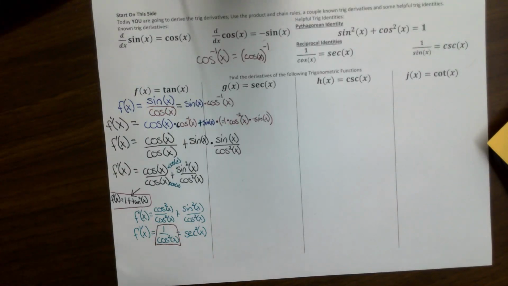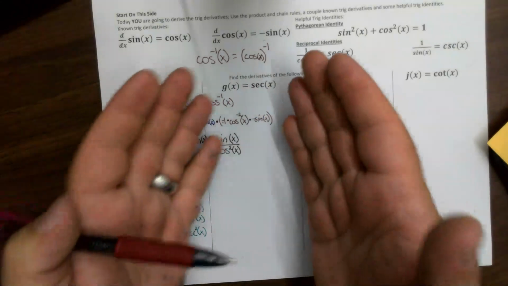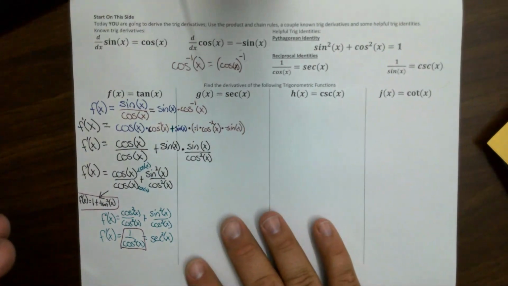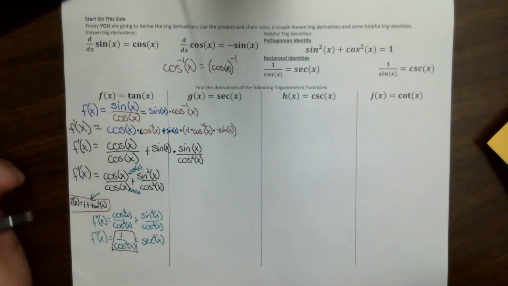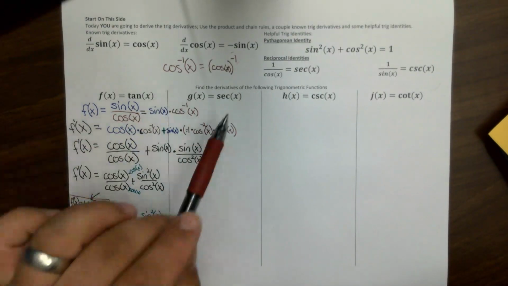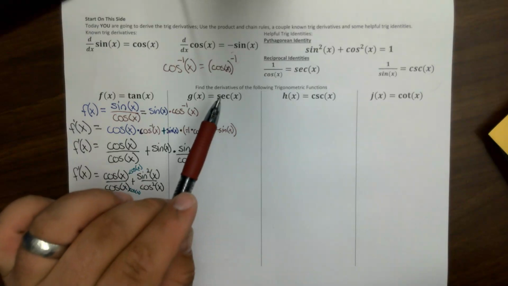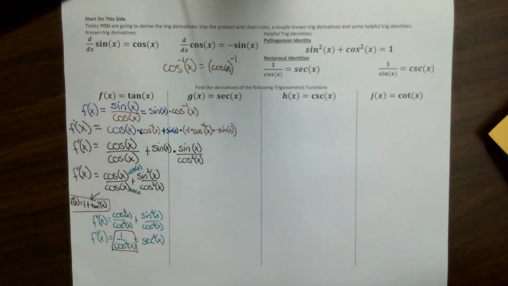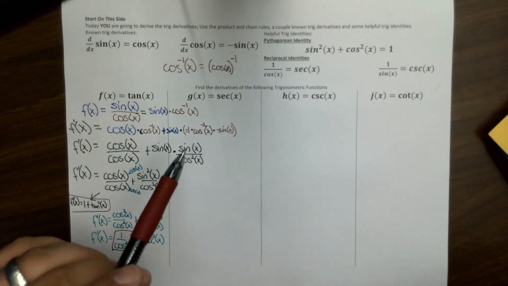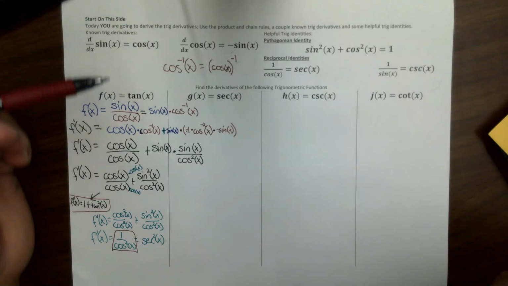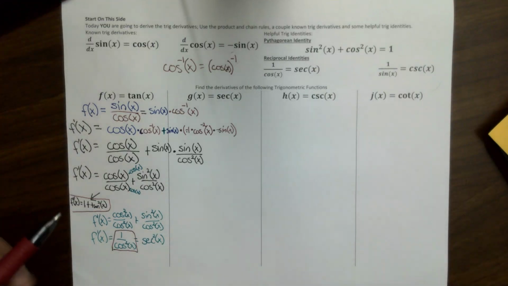All right, let's move on to this atrocity over here. G of x equals secant of x. Dang, I cluttered all of this in here. Oh wait, that's not bad.